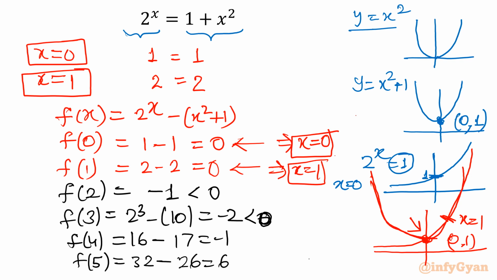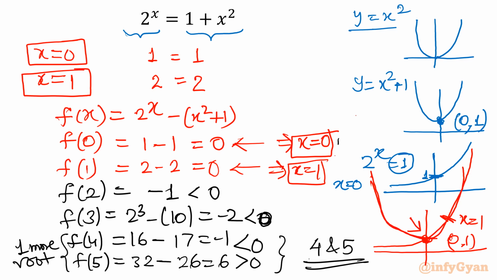It is coming out as positive 6, positive after the negatives. That means there is one more solution, one more root, in between 4 and 5.